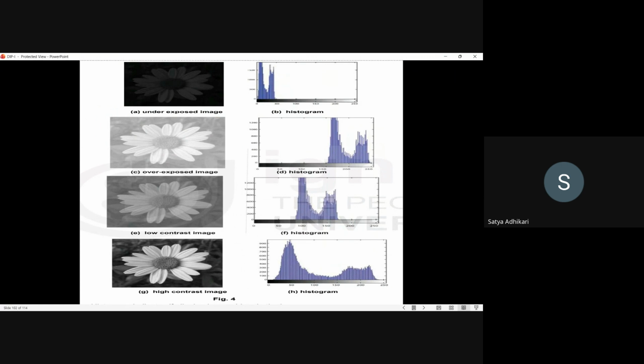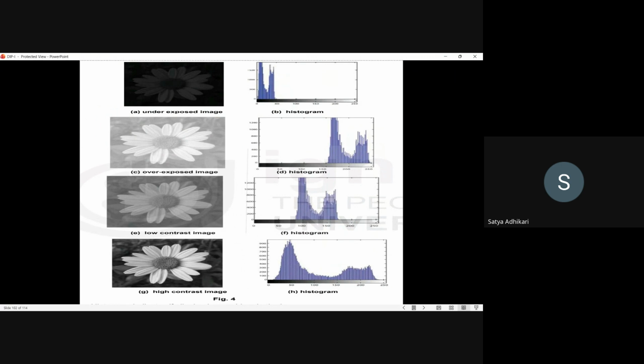You see the second picture, A, B, C. You see C and the corresponding histogram in D. And you will find that all the gray level values and all the histogram bars are on the right side of 150, or the right side of the graph.